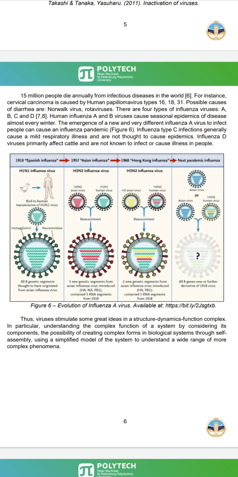Influenza type C generally causes a mild respiratory illness and is not thought to cause epidemics. Influenza D viruses primarily affect cattle and are not known to infect or cause illness in people.